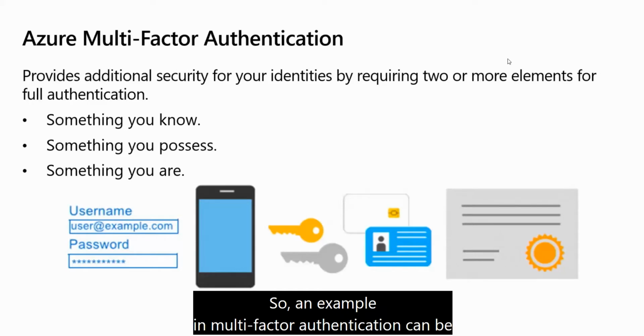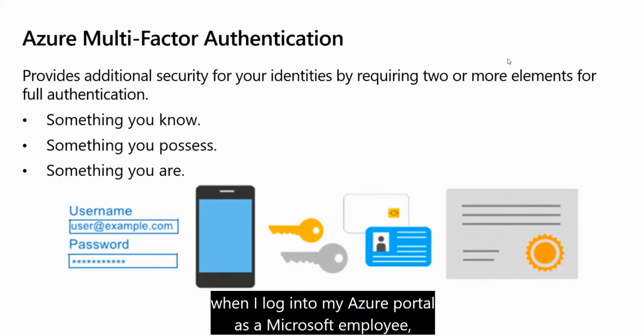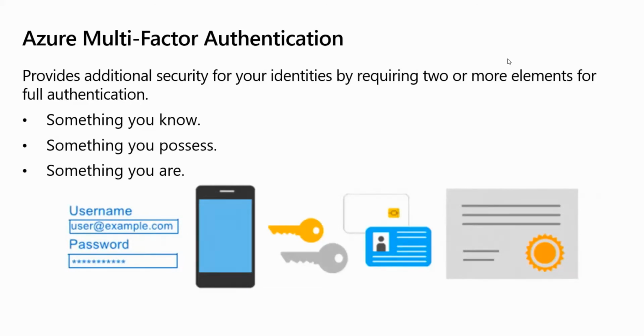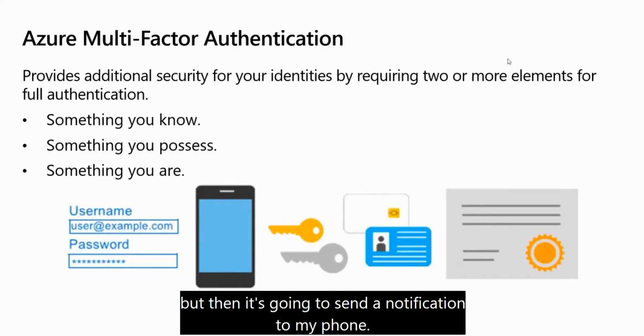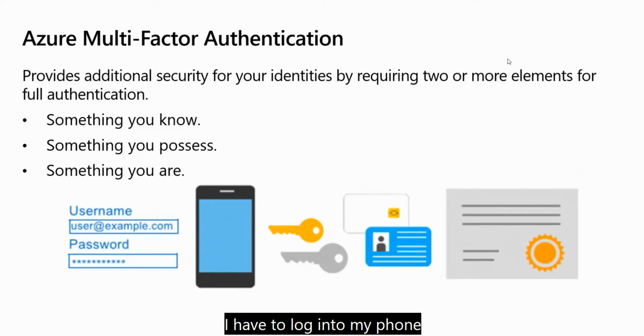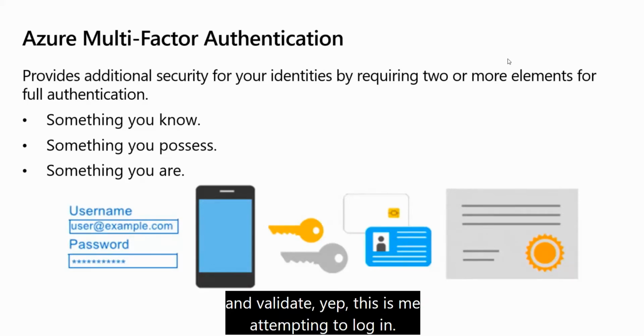An example of multi-factor authentication is when I log into my Azure portal as a Microsoft employee. It asks not only for my username and password, but then it sends a notification to my phone. Since I have my mobile phone set up, I have to log into my phone and validate, yep, this is me attempting to log in.